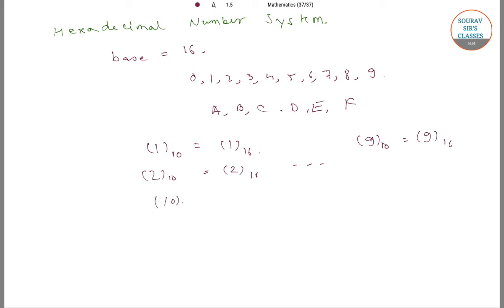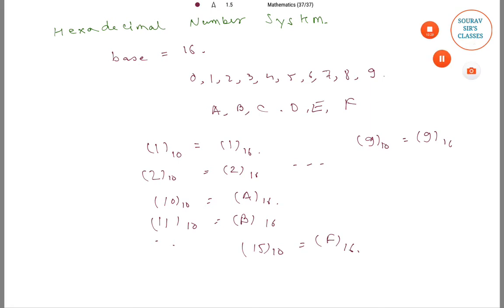Now 10 of base 10 is equal to A of base 16. 11 of base 10 is equal to B of base 16, and so on till 15 of base 10 is equal to F of base 16.